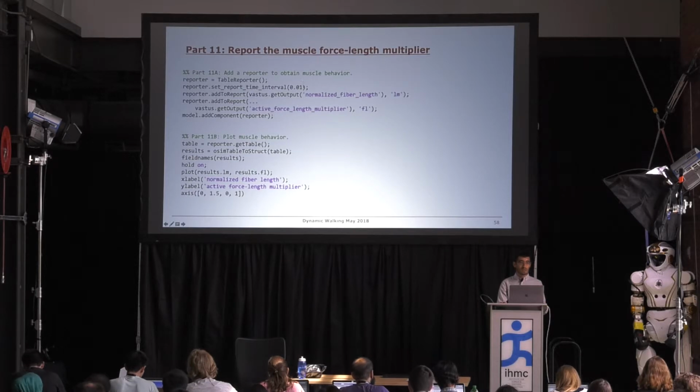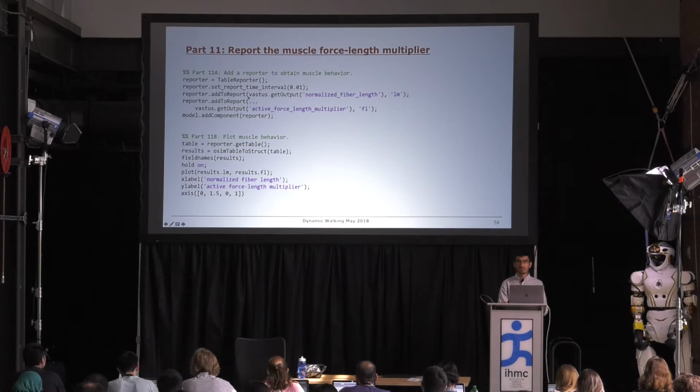So we're going to say every 10 milliseconds we want to evaluate our quantities of interest, and to specify those, the reporter has a function add to report, and this function takes two arguments. It takes an output from an OpenSim component. So in this case, we get the normalized fiber length, so the length of the fiber normalized by the optimal fiber length.